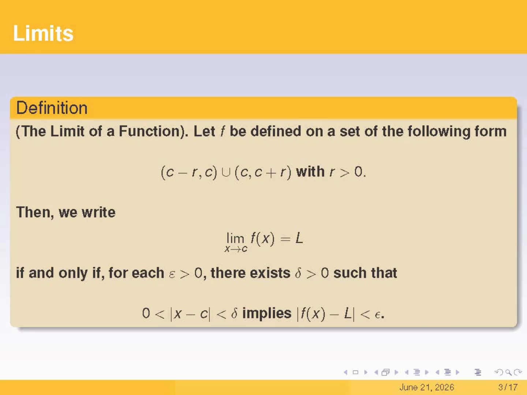At this point, the definition of the limit states that we can still find a positive number delta such that if the absolute value of x minus c is non-zero and less than delta, then the absolute value of f(x) minus L will also be less than epsilon, which is 10 to the power of negative 20. Typically, the existing delta in this way will be even smaller. For example, delta may equal 10 to the power of negative 15.